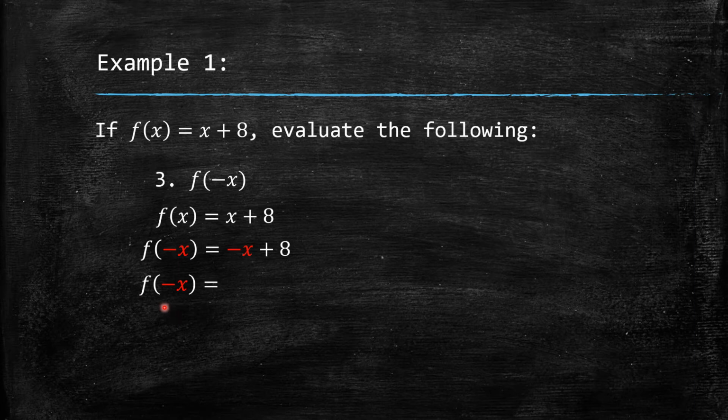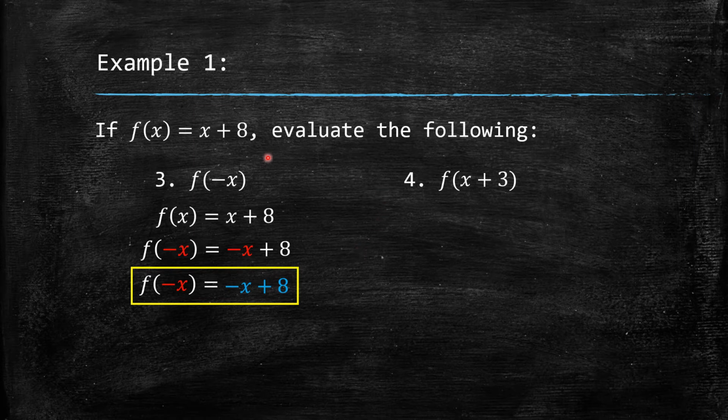So, to get the answer f of negative x, we have negative x plus 8. We will now simplify this. But if you can take note, negative x plus 8 cannot be combined because this is a variable and this is a constant. Therefore, our answer will still be negative x plus 8.